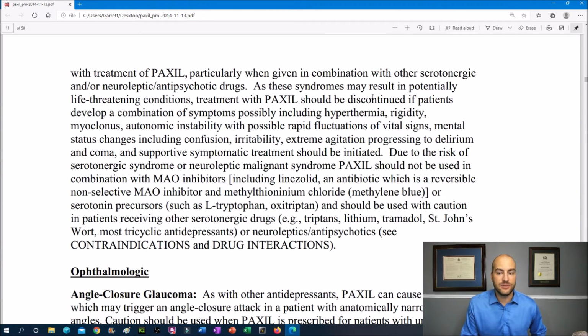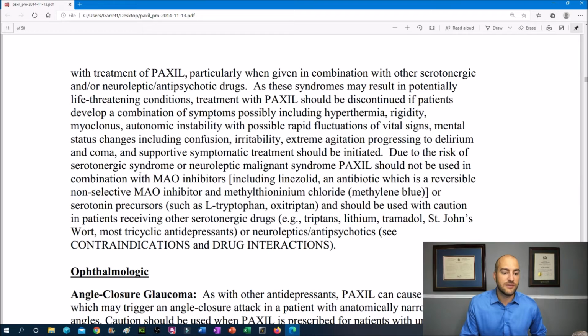As these syndromes may present as potentially life-threatening conditions, treatment with Paxil should be discontinued if patients develop a combination of symptoms, possibly including hyperthermia, rigidity, myoclonus, autonomic instability, with possible rapid fluctuations of vital signs, mental status changes including confusion, irritability, extreme agitation progressing to delirium and coma, and supportive symptomatic treatment should be initiated.